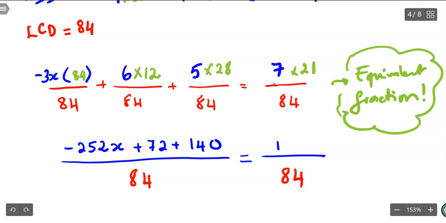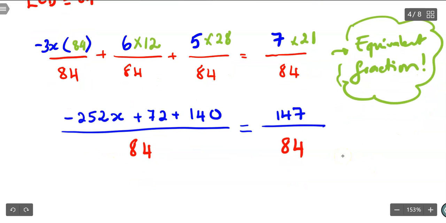And right here, I should have 147. 6 times 12 will give me 72. 5 times 28 will give me 140. 7 times 21 will give me 147. Negative 3x times 84 gives me negative 252x. Now what you have to do next is multiply both sides by 84.